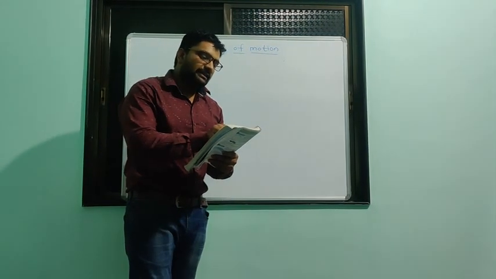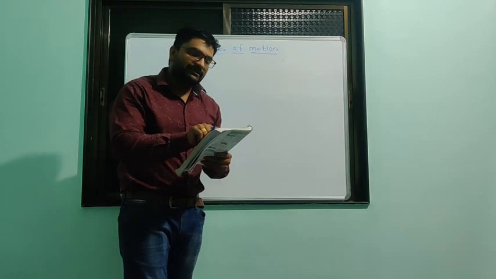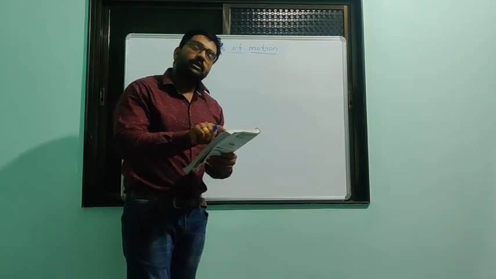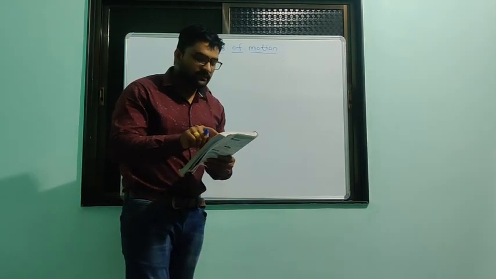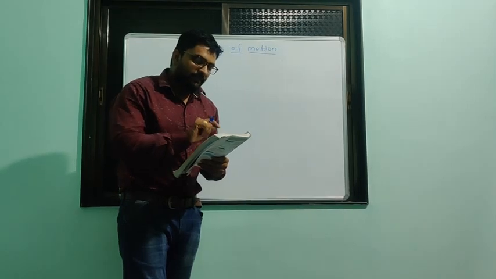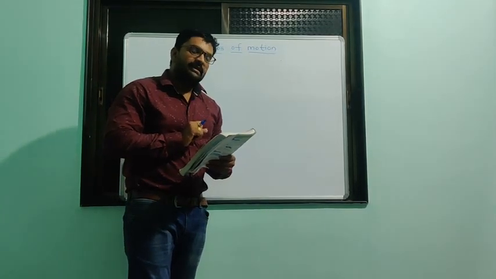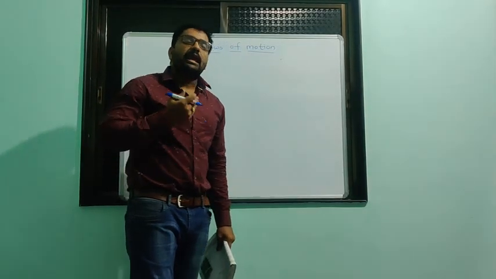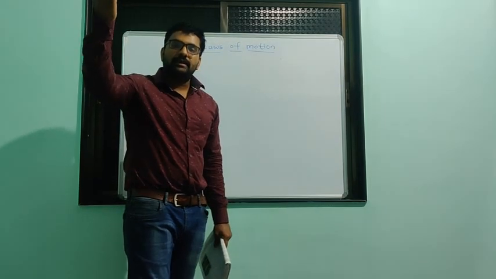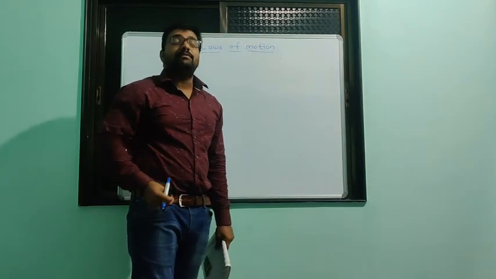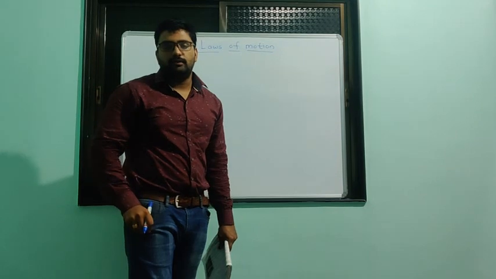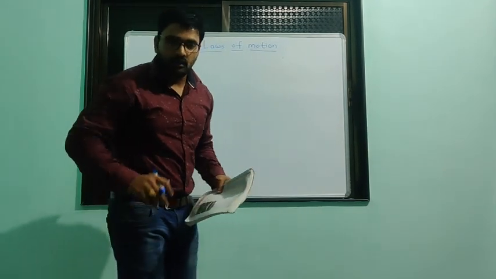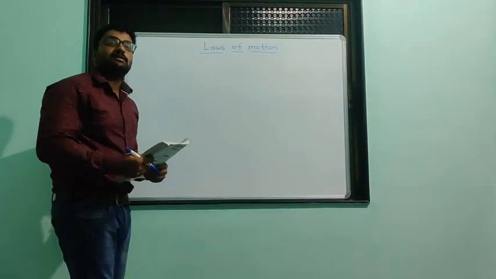Suppose Sheetal takes 5 minutes to reach Sangeeta's house and then 24 minutes to reach school. From there, we have to calculate Sheetal's speed along path A, path B, and Sheetal's average speed.